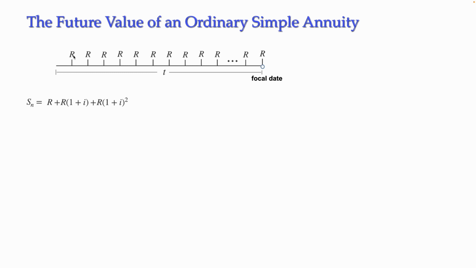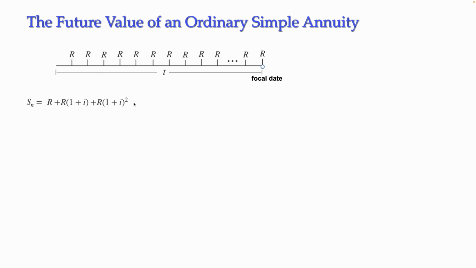So the value of the first payment of the annuity will be R multiplied by (1+i) to the power of the number of payments between this R and the focal date. And you notice, because there are n payment periods, the exponent corresponding to the first payment will be n minus 1. So it will be the number of periods minus this one that is here. At that point, we finish the sum of all the values of the payments.